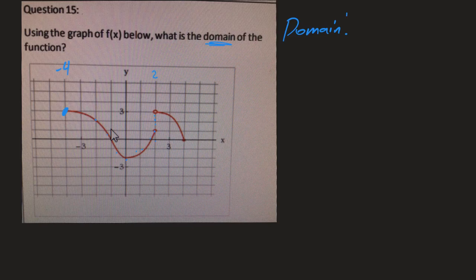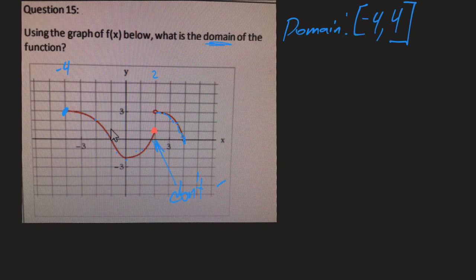And my question is, do I need to actually stop in my domain after starting from -4 and going up to this point? And the answer is no, because I've got this filled in circle here, right? At the bottom, you can see that circle was filled in. And because I have a filled in circle, I have a value for that point. We're just going to keep going, and I can keep following it along until I reach the end of my graph at 4. Okay, so we do not need to stop here.